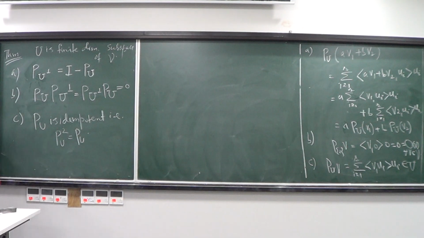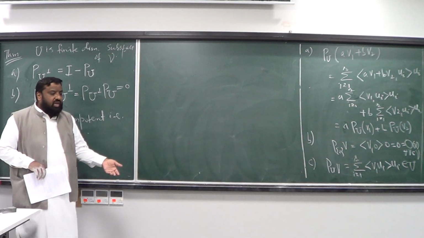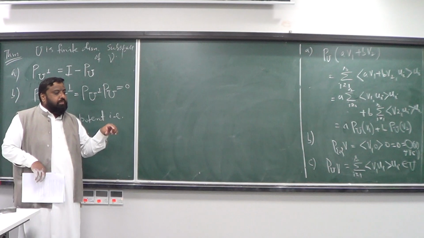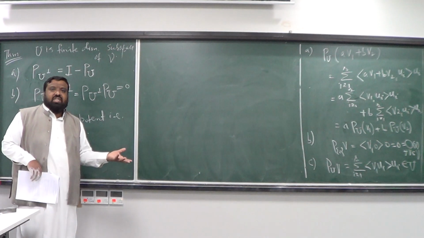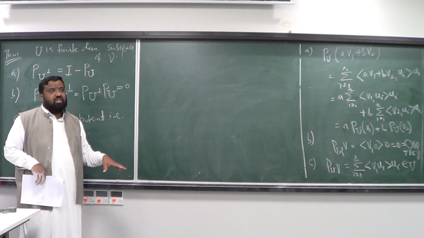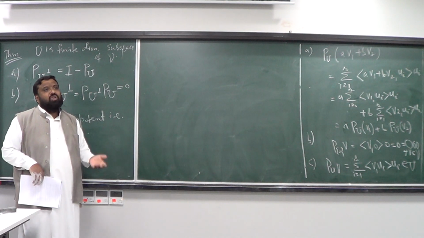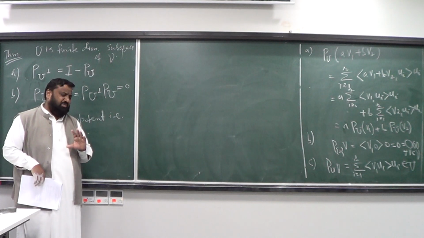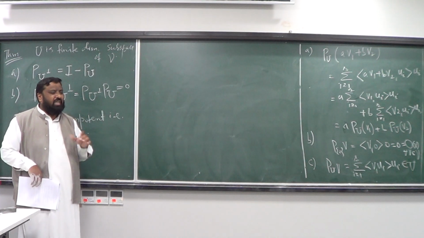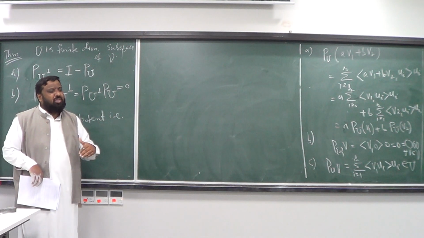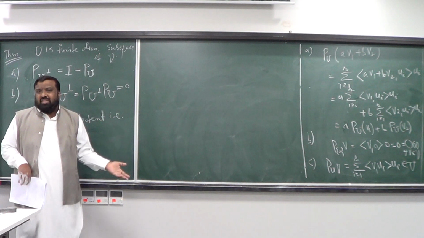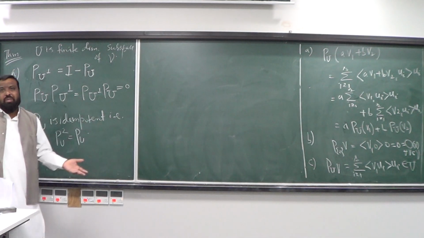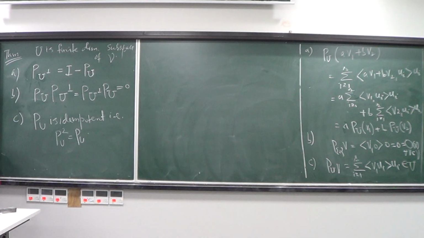In other words, you take a vector and project it onto the subspace U, and then project that projected vector again, you will return to U. If you apply the projection operator of U onto the elements of U, you get the elements of U back. Okay, so it's a projection operator.